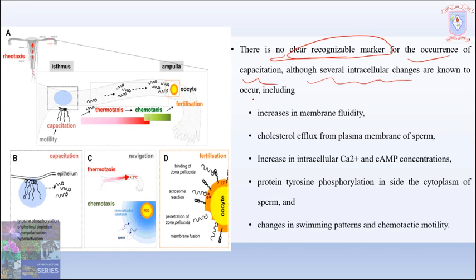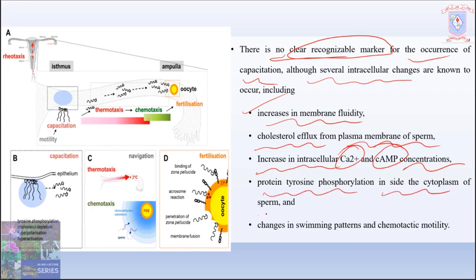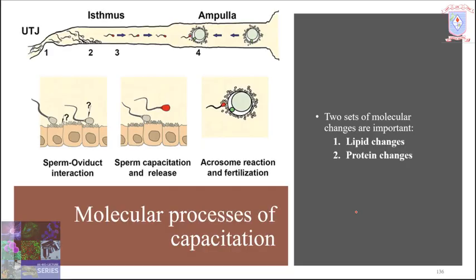Such changes include the increase in membrane permeability or membrane fluidity of the sperm, the cholesterol efflux from the plasma membrane of the sperm, an increase in intracellular calcium and cAMP concentration in the sperm cell, protein tyrosine phosphorylation inside the cytoplasm of the sperm, and changes in swimming pattern and chemotactic motility are also reported. Actually, the molecular process of capacitation can be categorized into two changes: the lipid changes and the protein changes.